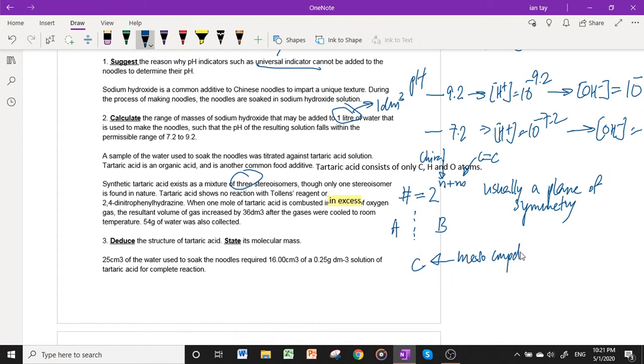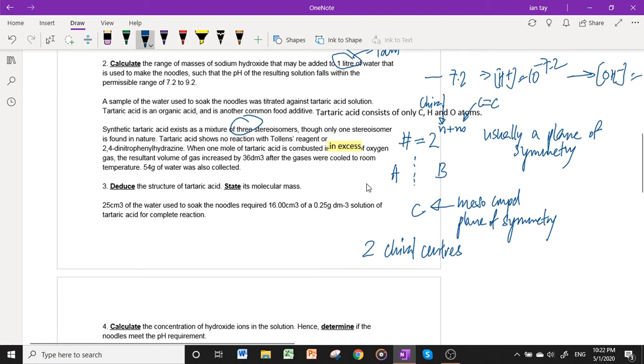But C is a meso compound, which has a plane of symmetry, and it does not have a non-superimposable mirror image. So it does not have a counterpart enantiomer. So with 3 stereoisomers, I propose that there are 2 chiral centers, and the meso compound has a plane of symmetry. So let us look more at it, because this information is just not sufficient.